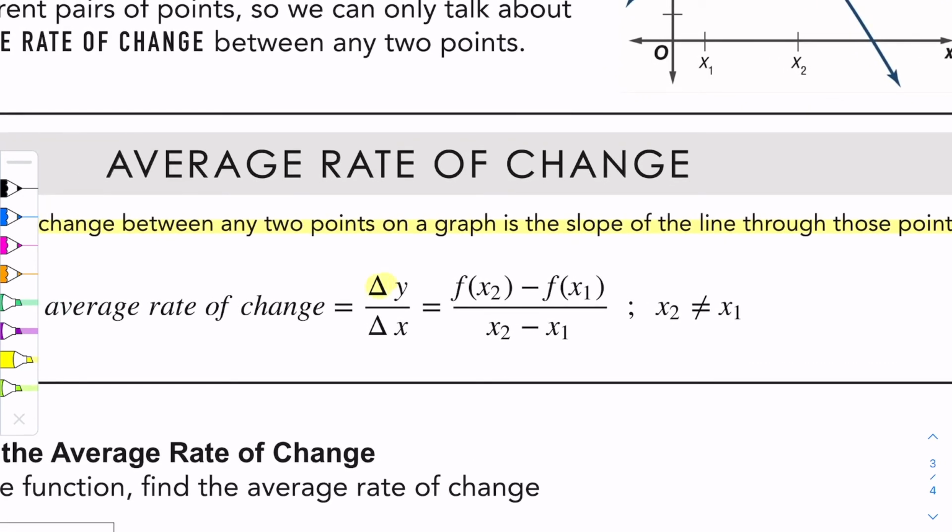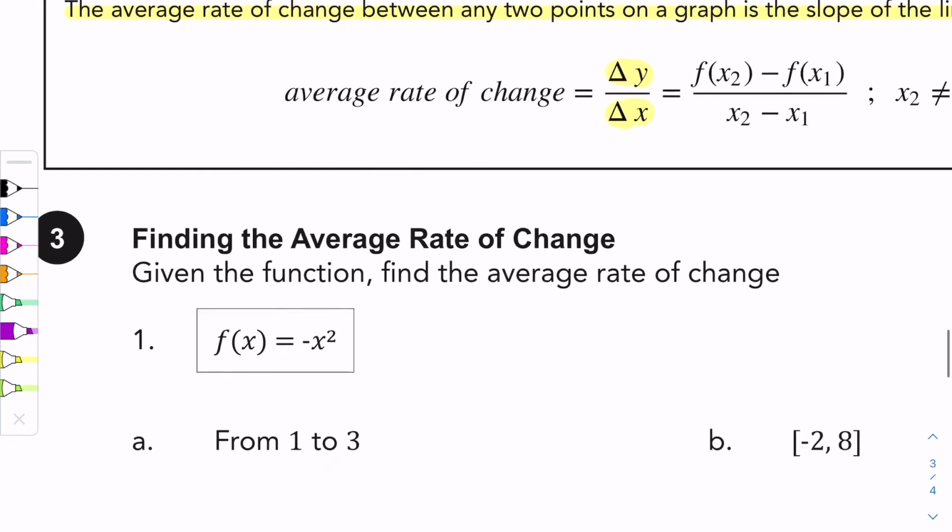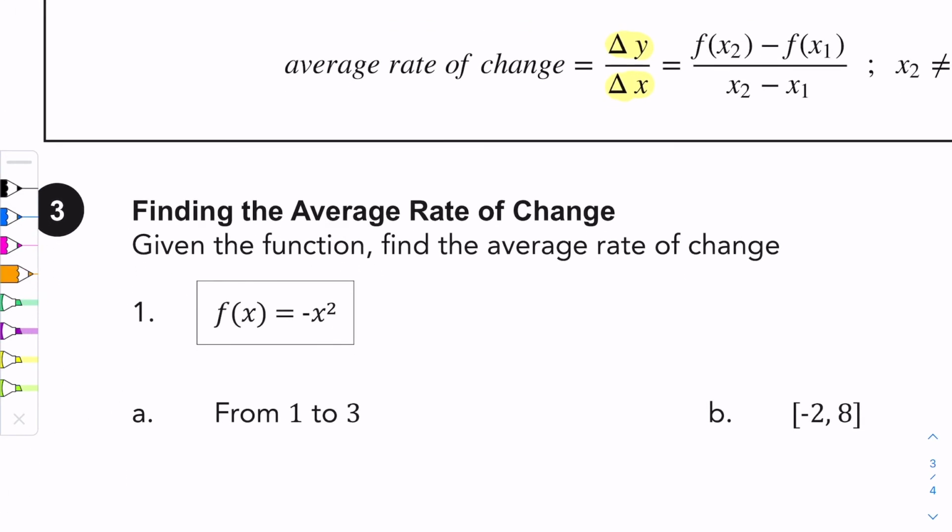We're going to calculate this by the change in y divided by the change in x. Specifically, we're going to evaluate the function at one of the x values and also at the other x value. So if I just scroll down, let's label this one as x sub 1 and x sub 2. We have 2 x values here. We have x sub 1 that's equal to 1, and we have x sub 2 that's equal to 3.